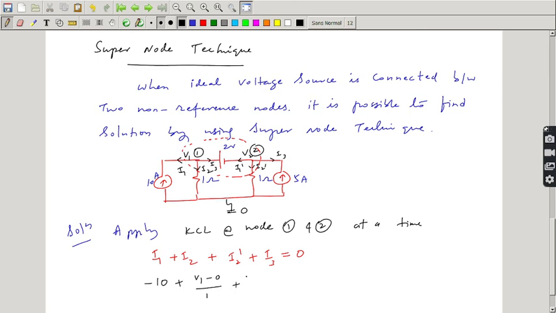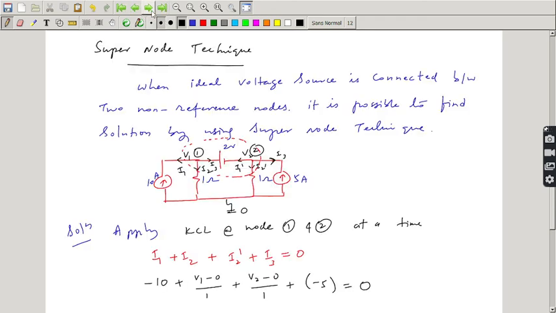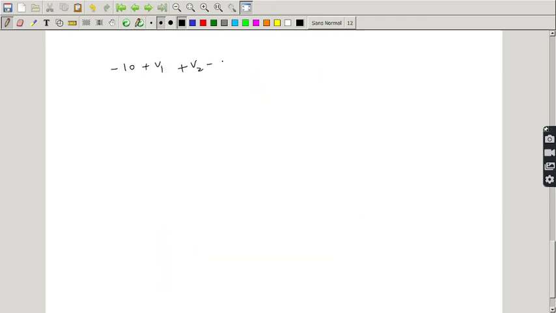Next I2 dash, the current flowing from node V2, that is (V2 minus 0) by resistor 1. Plus I3, whose direction is opposite to the current source, so I take minus 5, equals 0. So minus 10 plus V1 plus V2 minus 5 equals 0. So you can write V1 plus V2 equals 15. Take this as equation 1.